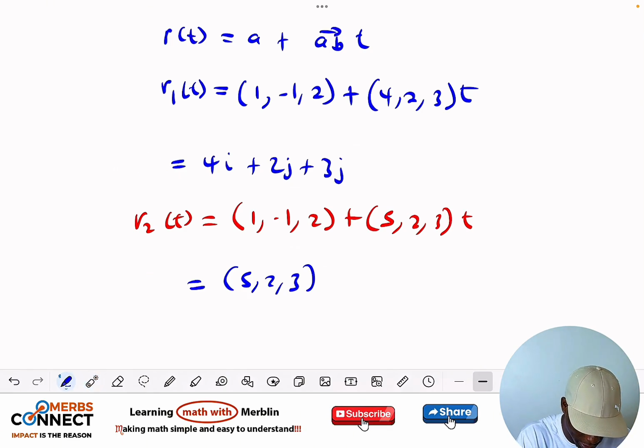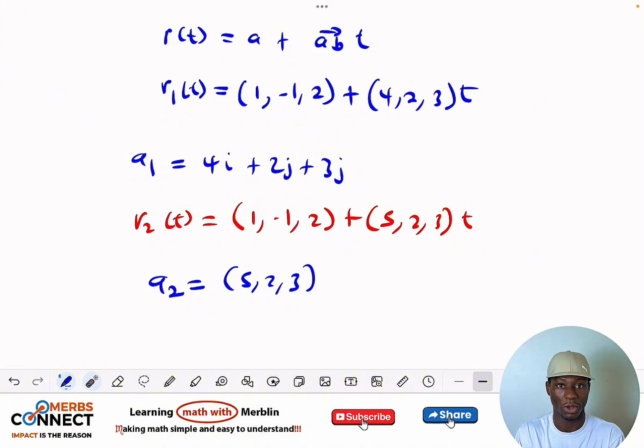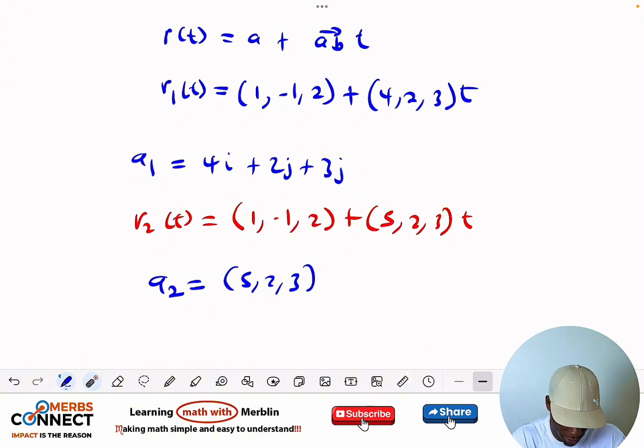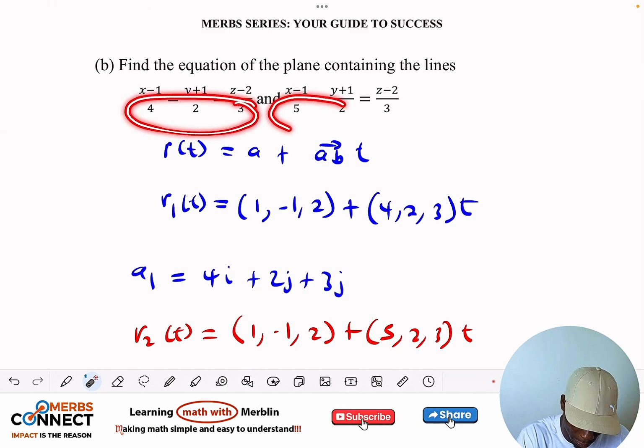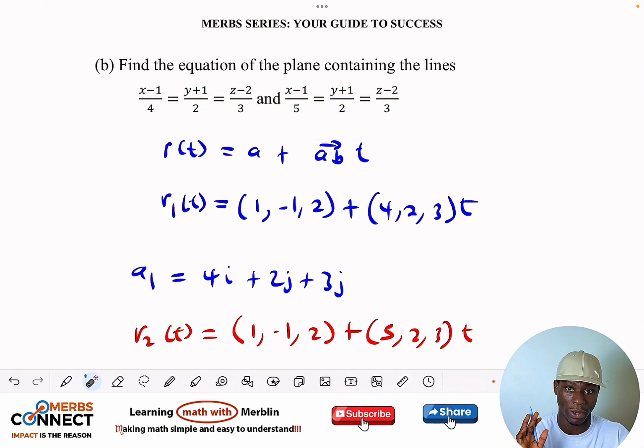Let me make it A1 and A2. So we've gotten the directional vectors. We need to form the normal vector so that we can form the plane. One thing that you need to know is always your directional vector is the one below here. So you just pick them and then you are done.